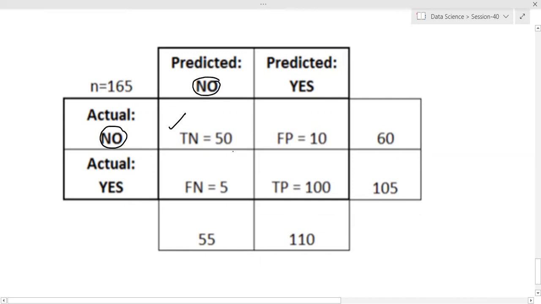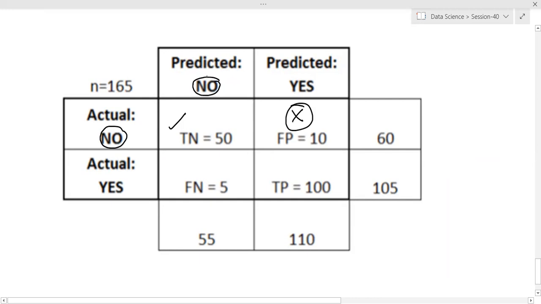Similarly, guys, here we are predicting yes, but actual no. So whether this is required or not. False positive. This should be low, because we have predicted as yes, but actually that is no. Now false negative in the sense, guys, we predicted as no.